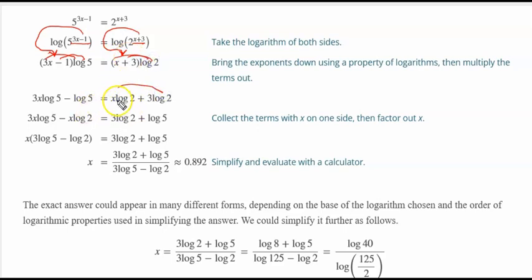We're going to put those with the x terms all on one side using algebra. And there we're just transposing this to this side and this to this side. Notice the sign change. Now we're going to factor out the x and now divide both sides by this, and simplifying, putting this right into your calculator.